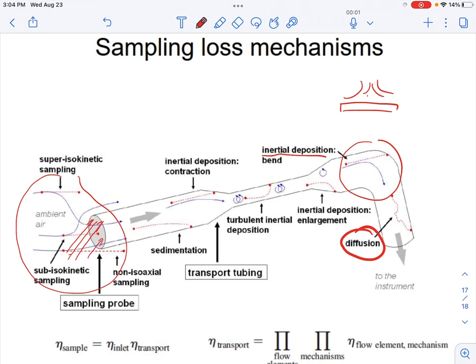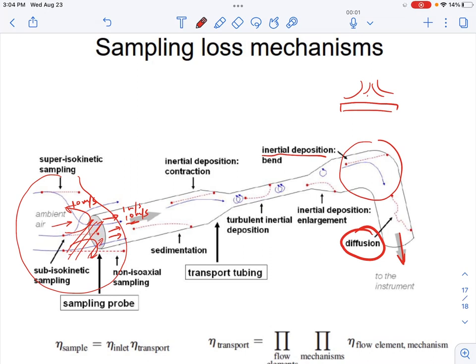You also want to match the flow that your instrument needs, and also the velocity of the surrounding flow. For example, if the outside air has a speed of 10 meters per second, then you want to match the sampling velocity to also be 10 meters per second. If this speed is too low, let's say 1 meter per second, most of the flow will get diverted back.